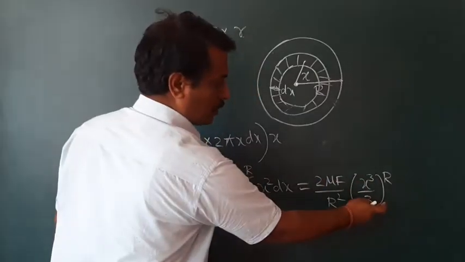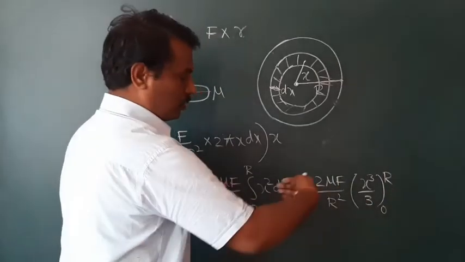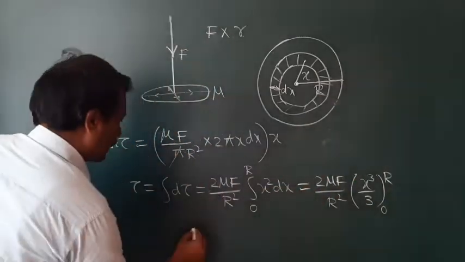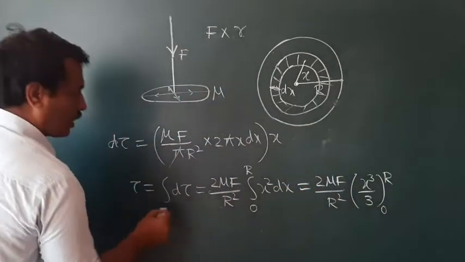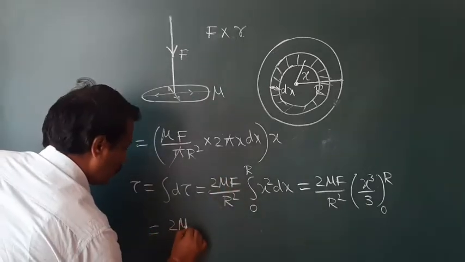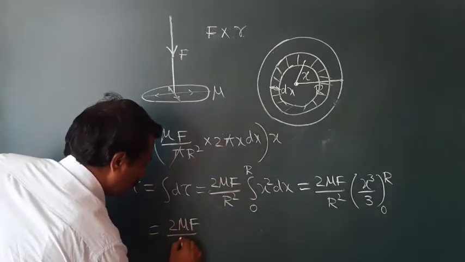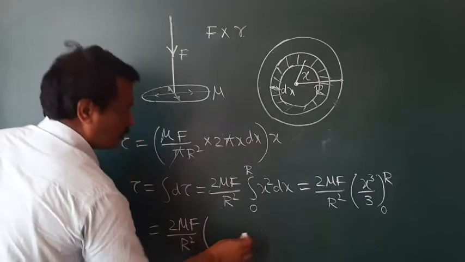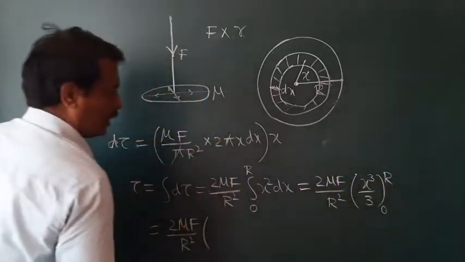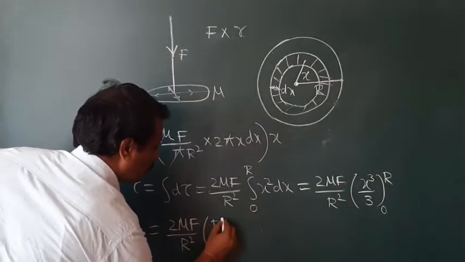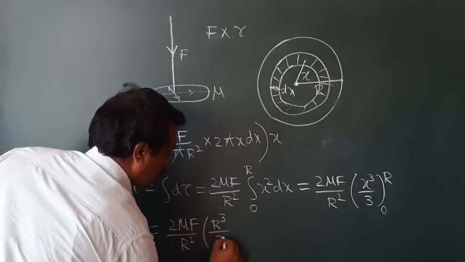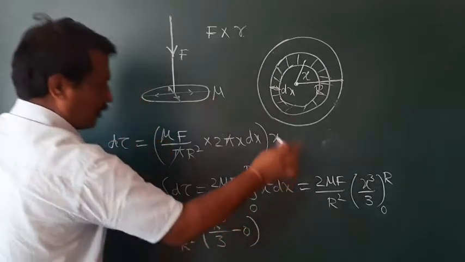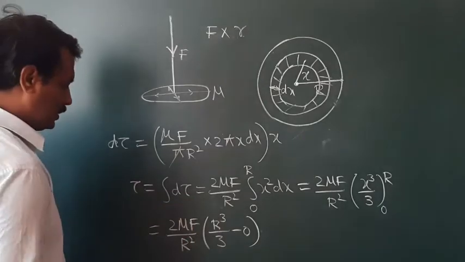So if you put x equal to 0, it becomes 0, so second term will not be there. So we get this torque equal to 2 mu f by r square. So here first I will put x equal to r, then it becomes r cube by 3 minus 0. When we put x equal to 0, we get 0.